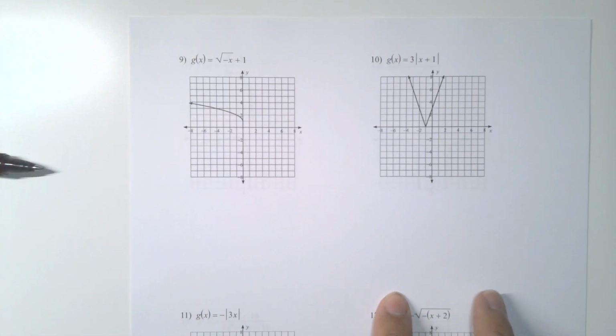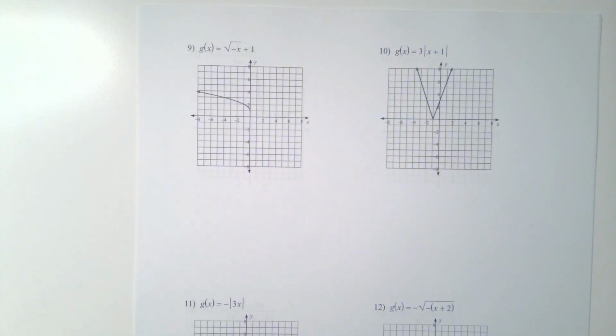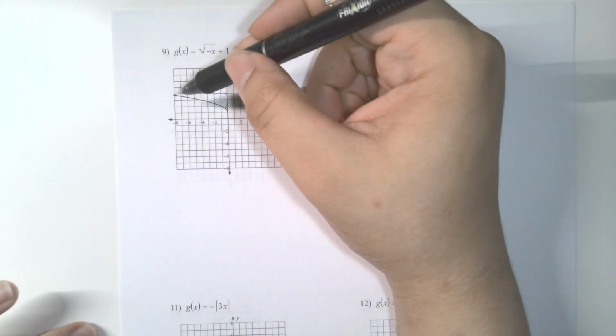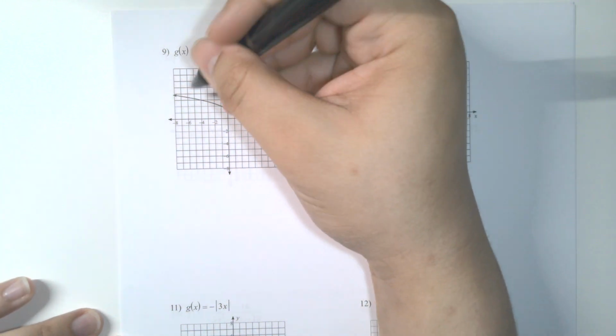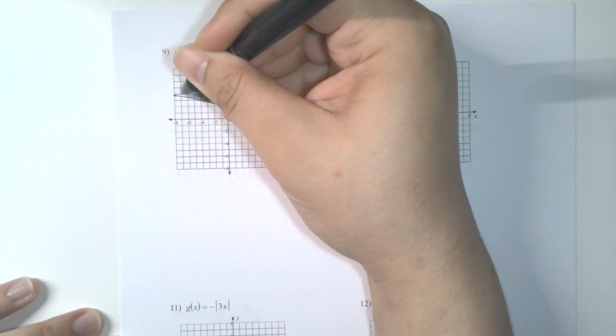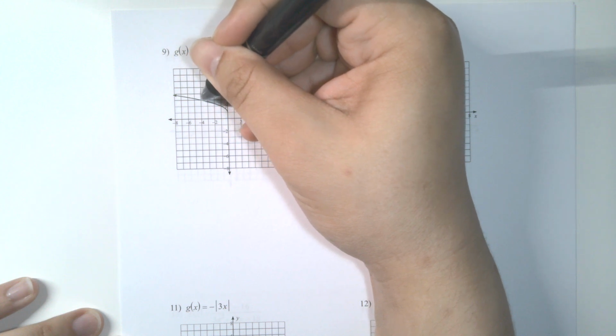Let's look at the next one. Okay, so similar to the last one, our slopes, just starting over here, are kind of flat, but negative. And as we move further along, they get more and more negative.